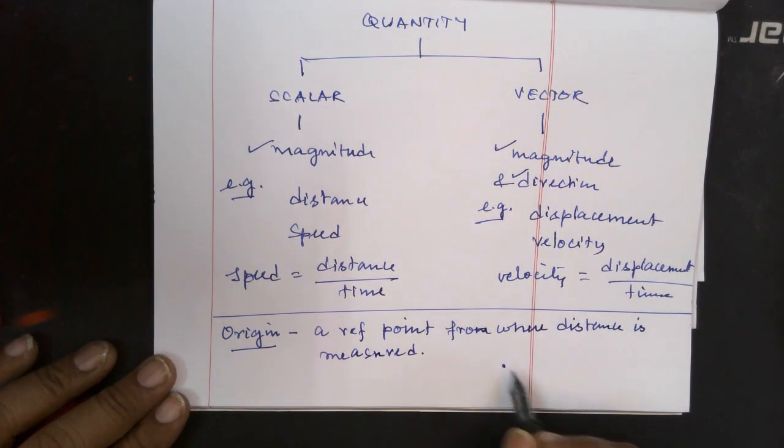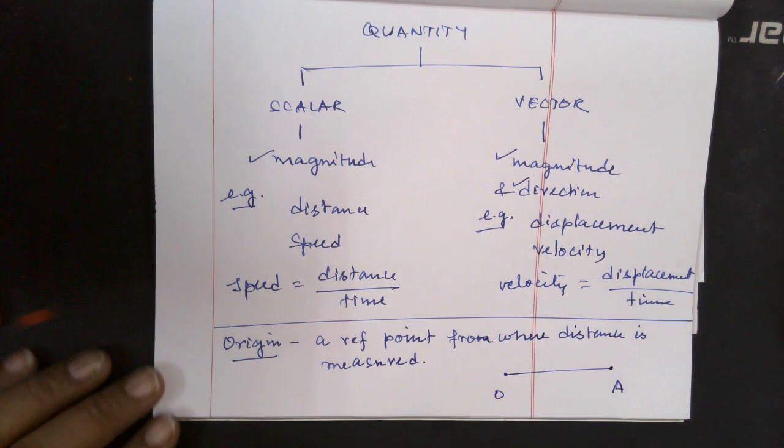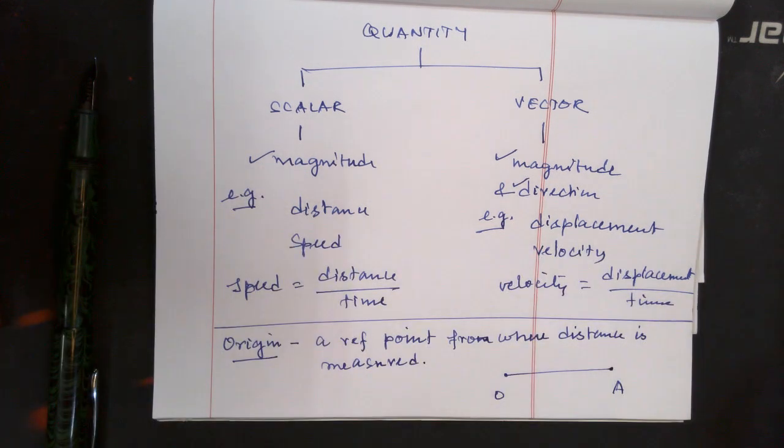For example, let me say O is the origin, some reference point, and A is the position. A is at 5 km from O, so this is called distance.